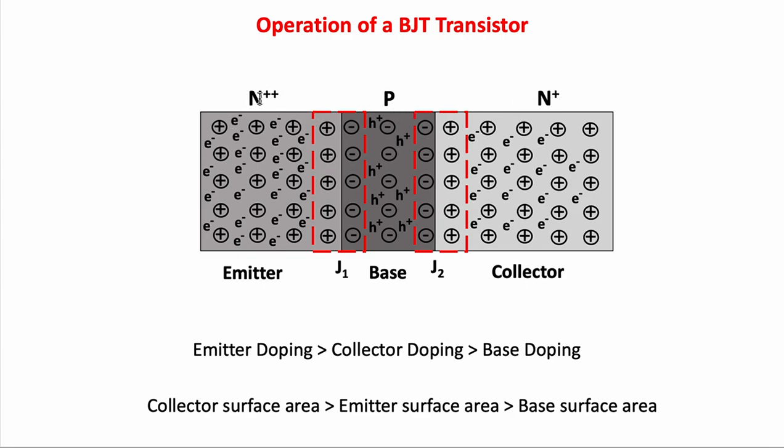This plus means that the emitter region is heavily doped, and this N+ means that the collector region is moderately doped, and this P, which has no sign, means that the base region is lightly doped. So to compare, the doping of the emitter is higher than the collector, and it's also higher than the base.